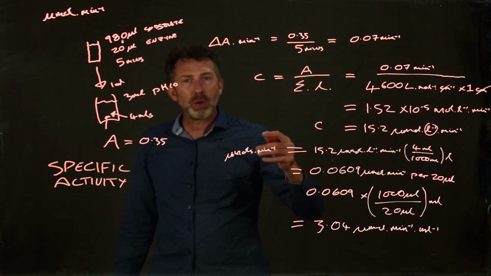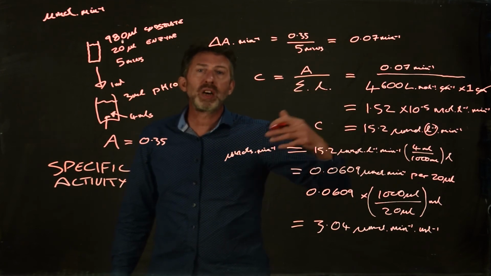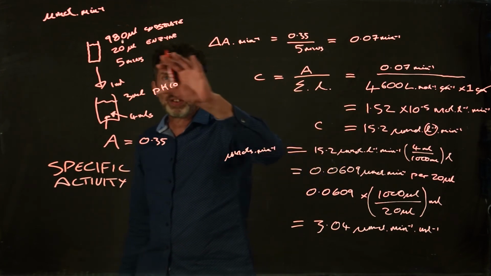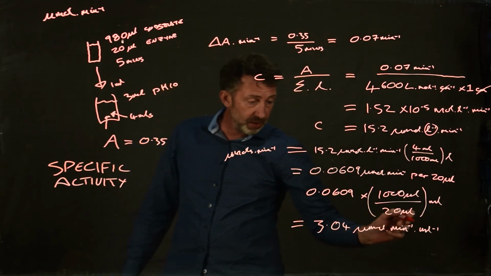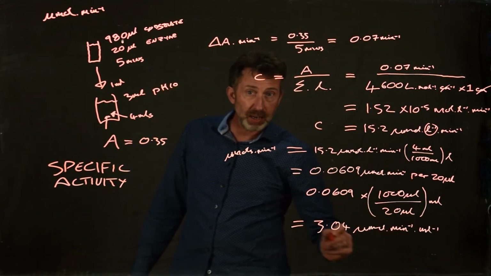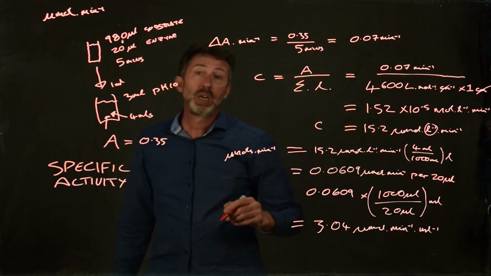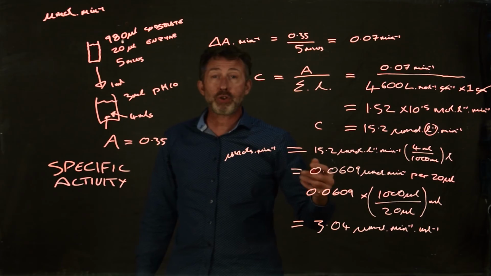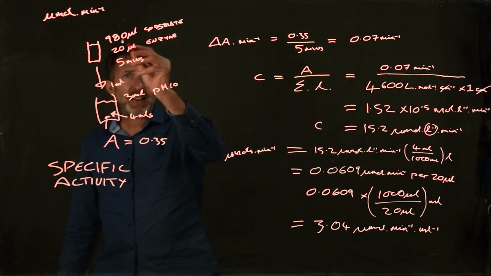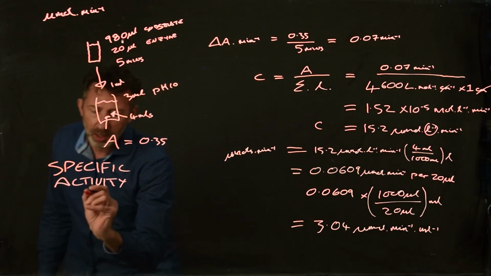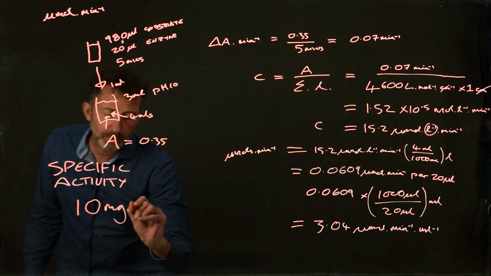What we mean by pure is how much of the active enzyme is there compared to all the other proteins that might be in this solution. So what we can do is take this figure per mil, and instead of expressing it per mil of enzyme solution, we express it per milligram of protein that's in that solution. So let's imagine that this enzyme solution has got a protein concentration of 10 milligrams per mil.